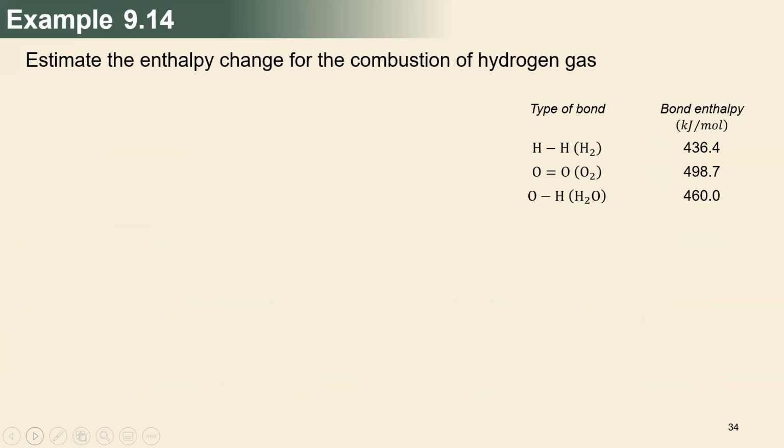Estimate the enthalpy change for the combustion of hydrogen gas. Okay. So hydrogen gas, H2, combustion. What does a combustion reaction look like? Plus O2. Yeah, we have to add some oxygen. And what are we going to form?